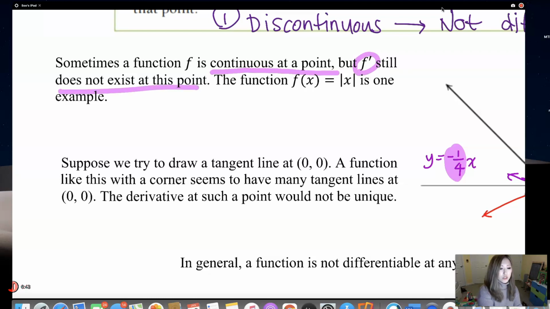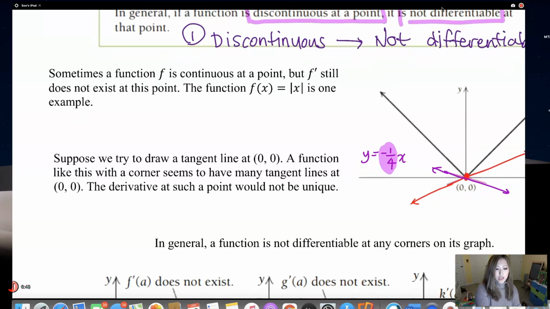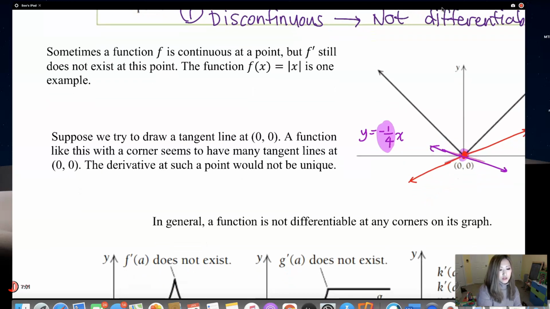Okay? We looked at that example, f of x equals absolute value of x, and we had a point right here at the origin, and because we had a sharp angle or sharp corner right there, we were able to draw more than one tangent line. Suppose we try to draw a tangent line at 0, 0. We did that.